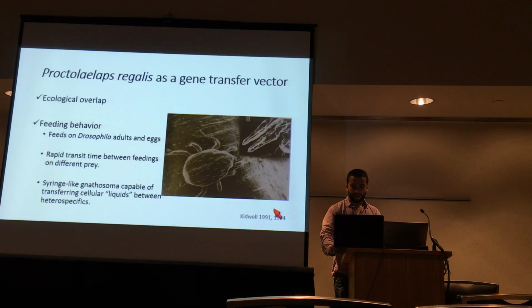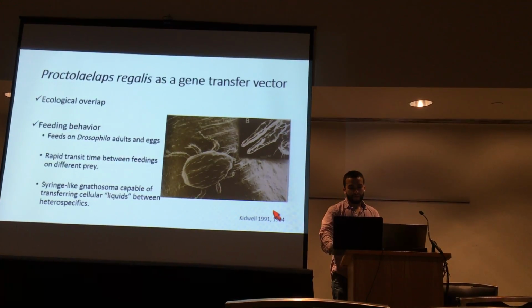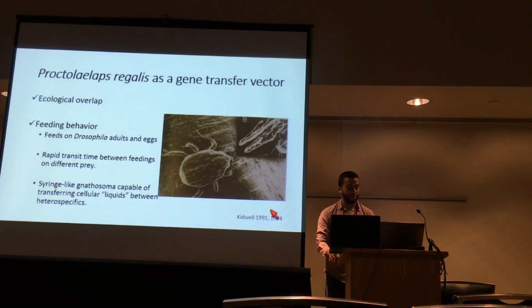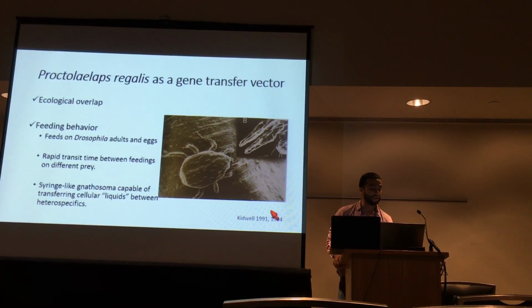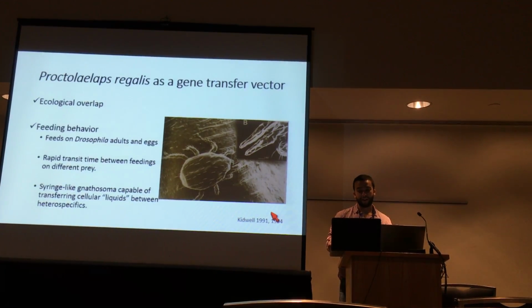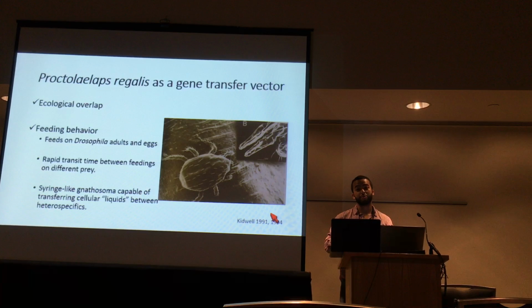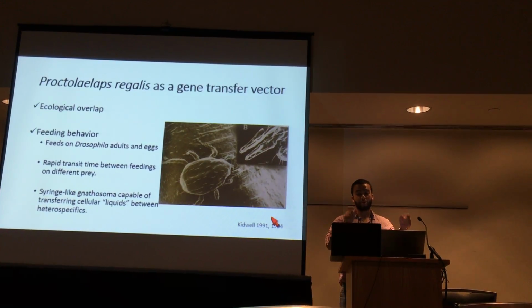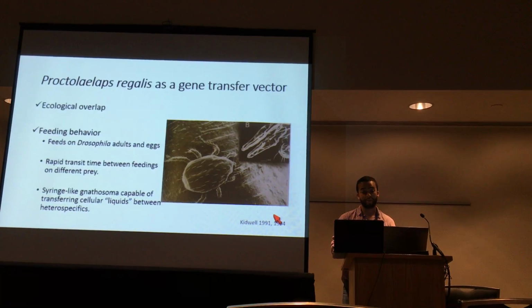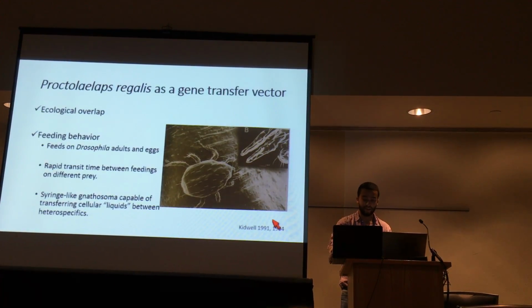So the vector in particular that has been favored to explain this is a fly mite, which, because of its ecological range and the fact that it feeds essentially like a micro syringe, is able to feed across multiple species within the larval stage, and that helps the P element integrate between the germlines.